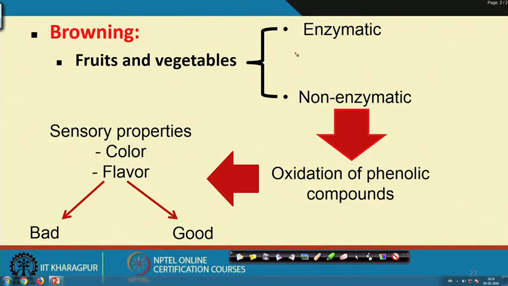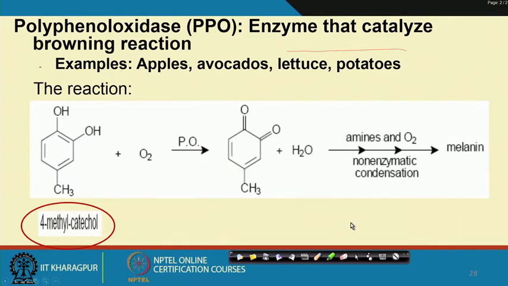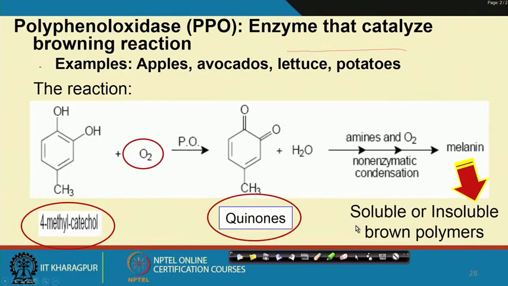If we look at the enzymatic browning, then we see that this enzymatic browning is done by polyphenol oxidase, or PPO.